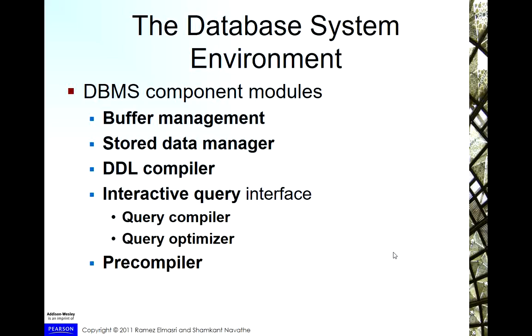Both of them, query compiler and query optimizer, are part of the interactive query interface, where the user would ask questions to the database system, and the database system will analyze the request and then compile this request, optimize this request, and then display the output. We can use also precompiler. Precompiler is a software that before it compiles, it will actually classify or categorize the information that is requested by the client.